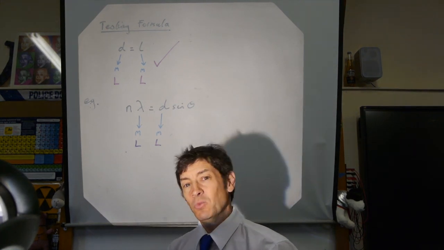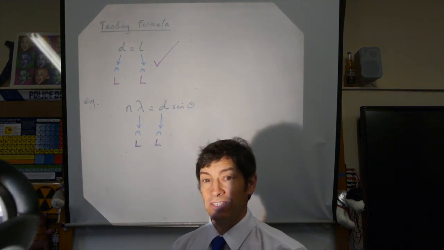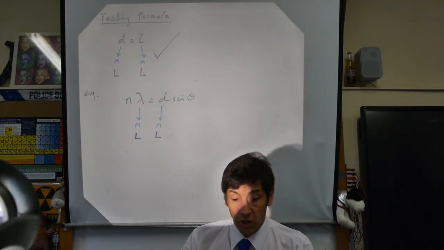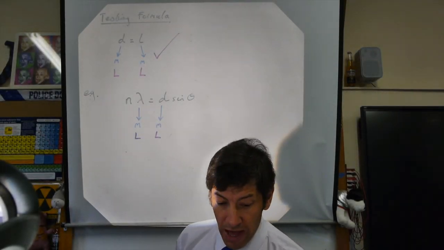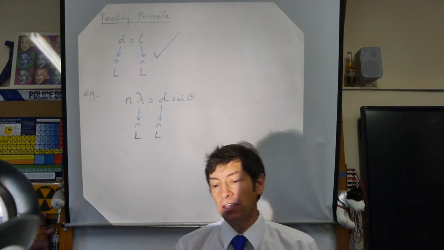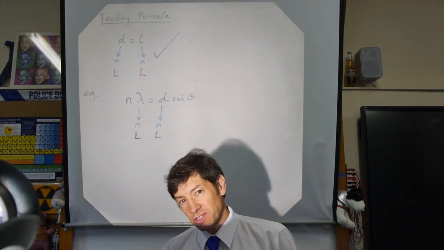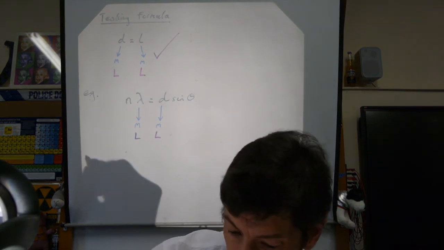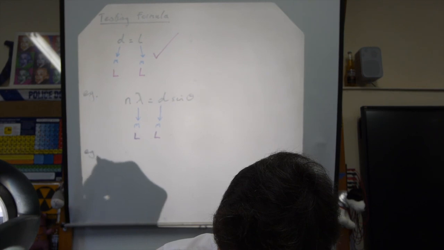So I'd like to do one more example to show you how powerful this technique of analysing formulae using base units, or dimensional analysis, is at A level. So here's another example.